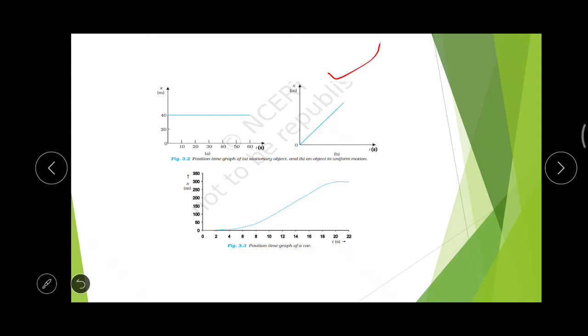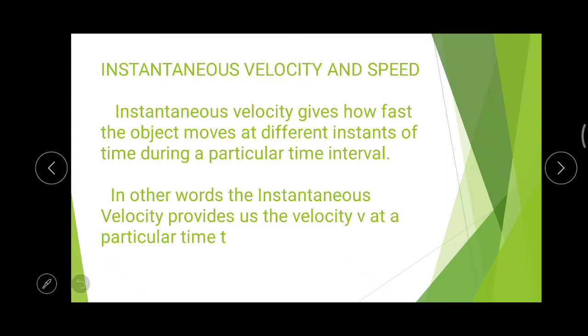Now we will go to the instantaneous velocity and speed. Suppose you are considering the average velocity, with a time t1 and t2 and the positions x1 and x2.